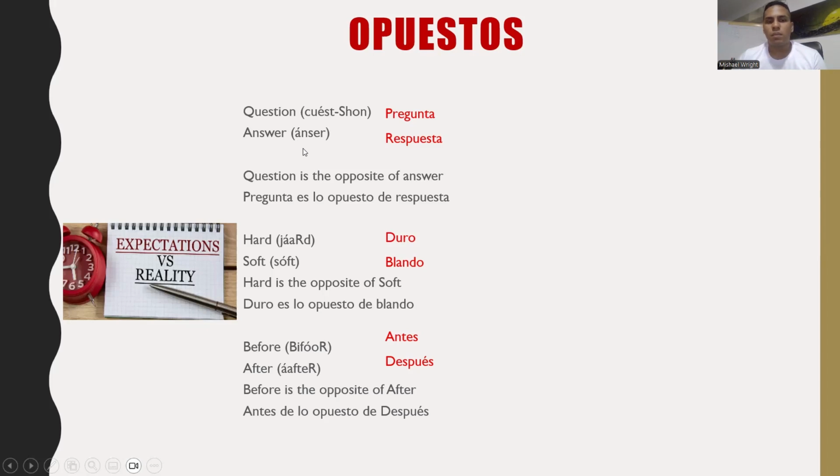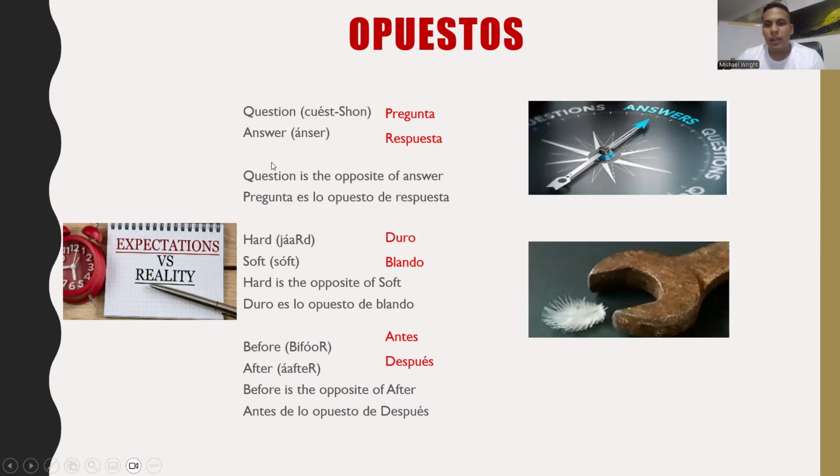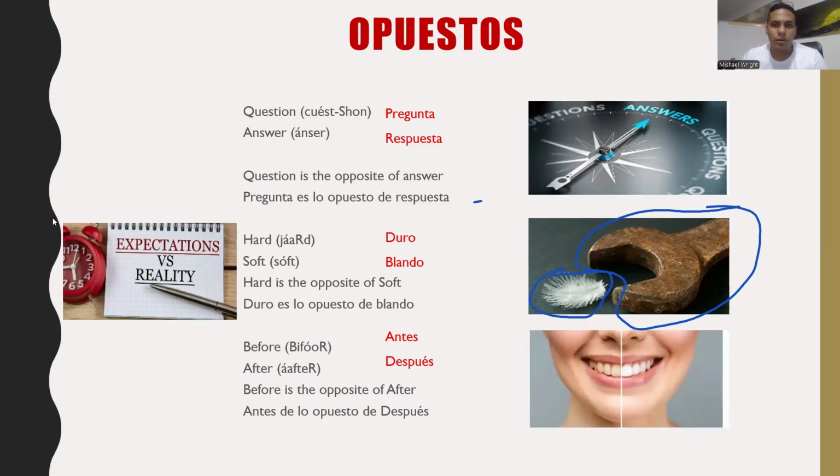So question is the opposite of answer. We have hard and soft. This is a tool. The tool is hard, and this is the feather. The feather is soft. Hard is the opposite of soft. So let's try the other one. Before and after. Before is the opposite of after.